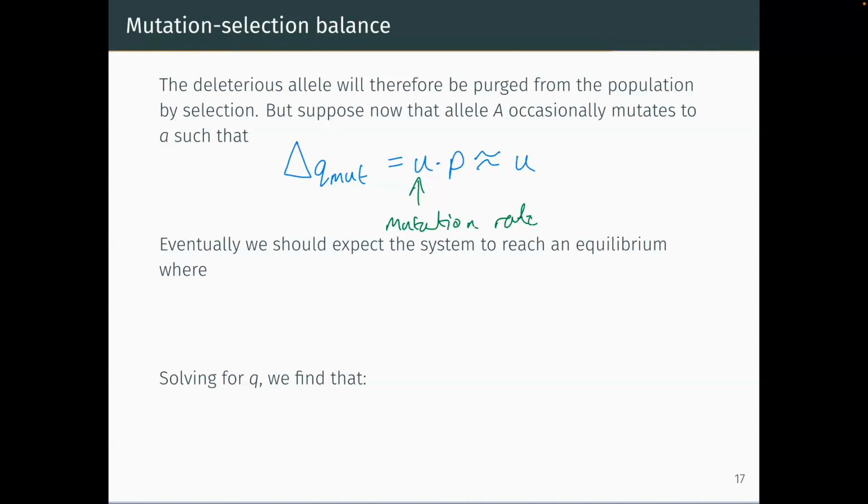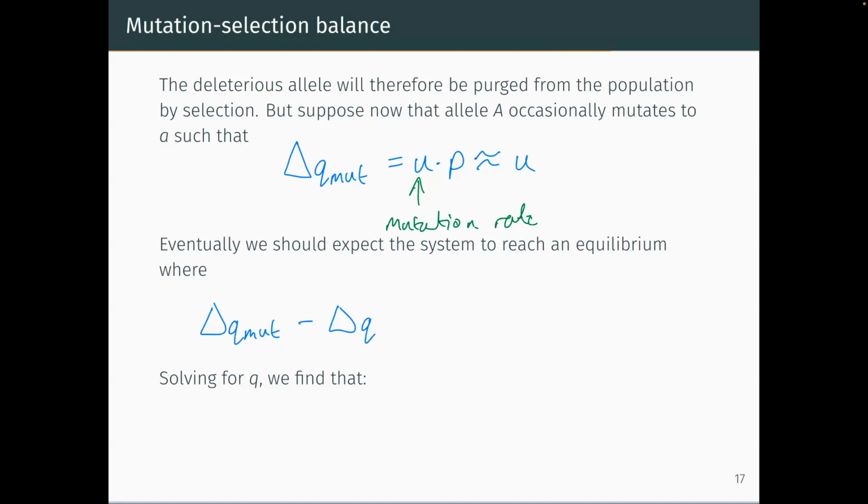So eventually we should expect the system to reach an equilibrium, where mutation is pushing you one way and selection is pushing you the other way. And at that equilibrium, we're going to have the change in the frequency of Q due to mutation minus the change in Q due to selection equal to 0. I should say Q is the frequency of the little a allele.